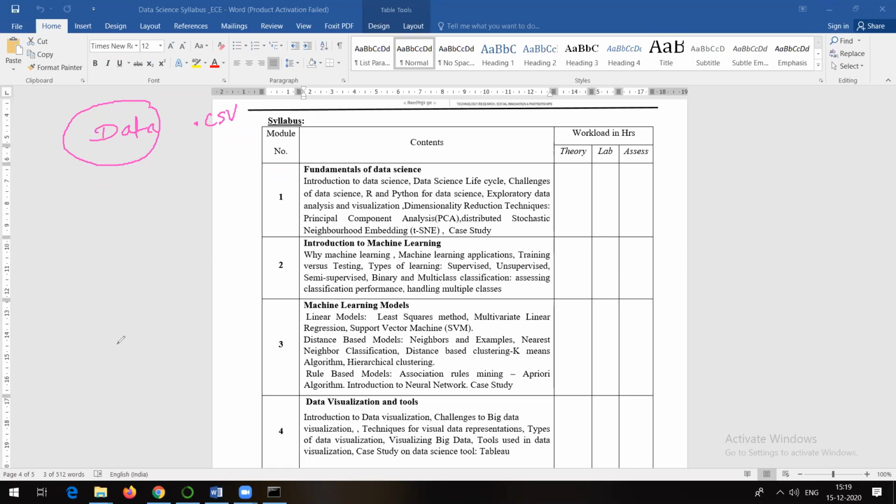Now from that data, our target is to create a model, right? Suppose the client wants to create a model to solve some problem. What type of problem?